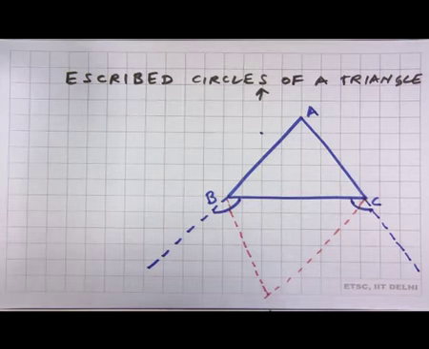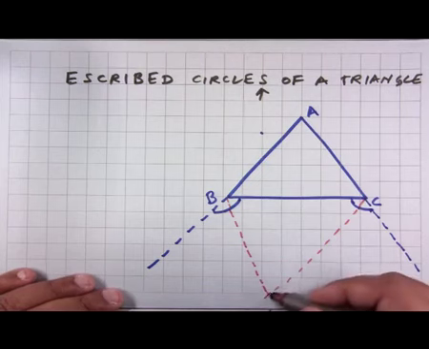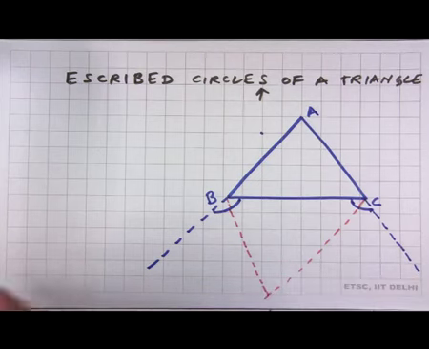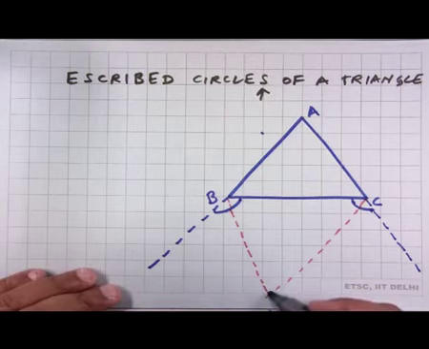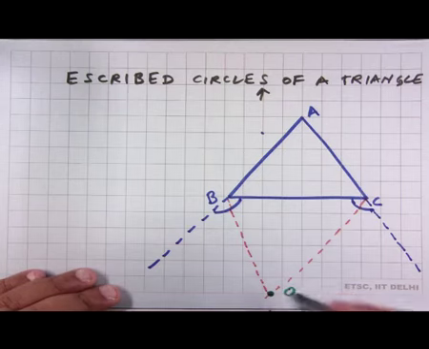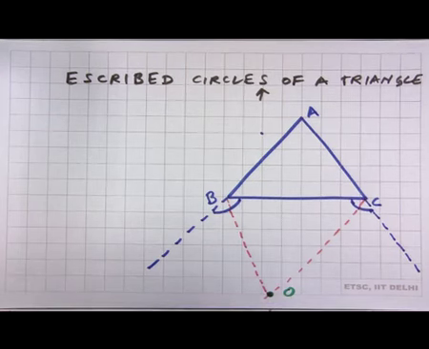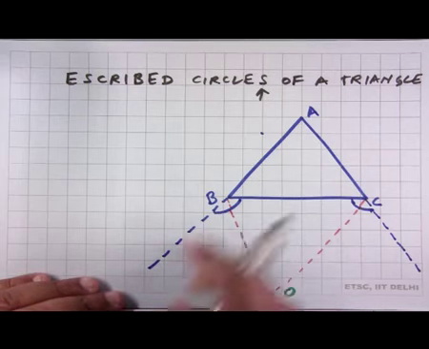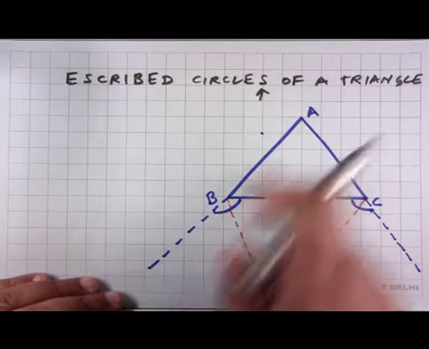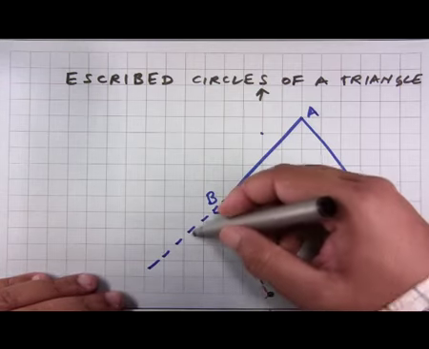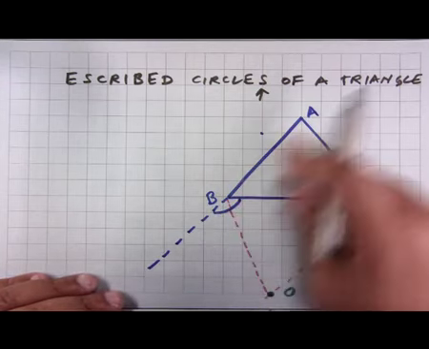Both of these angular bisectors are going to eventually meet at some point. Let us say that they intersect at some point O, and then from O we drop a perpendicular to this line which is extended from the line AB.